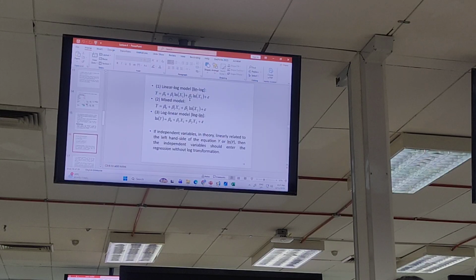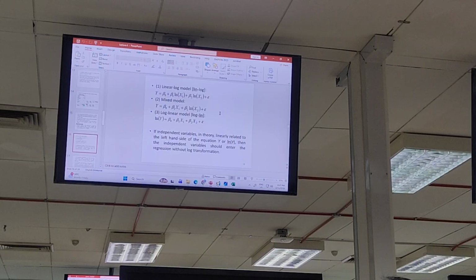Or we also can have a mixed model, meaning that for the independent variables, x1 is the original values and x2 uses the log transformed values. And the log linear model is when the dependent variable uses log transformed values and your independent variables are all original values, without log transformation.